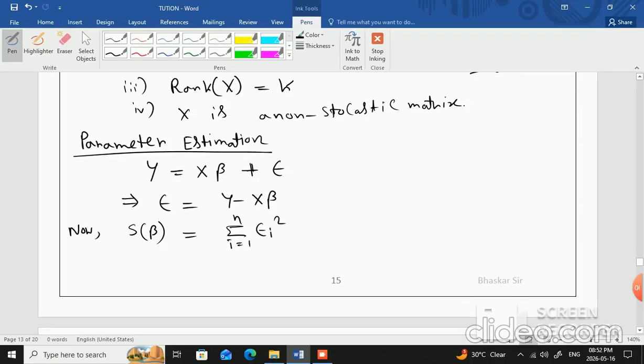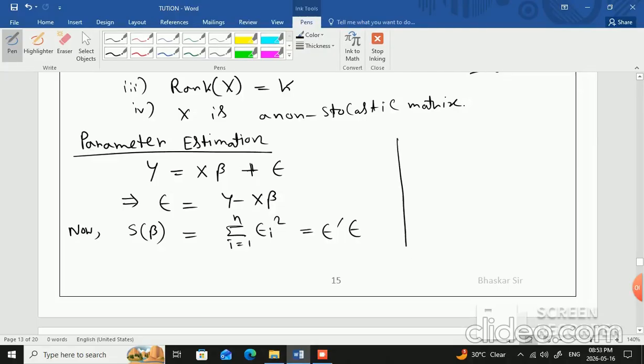This is the sum of squared errors. This is also denoted by epsilon dash into epsilon. Why epsilon dash into epsilon? Epsilon dash is the transpose of epsilon and epsilon is the error matrix. So after multiplication we get summation epsilon i square.